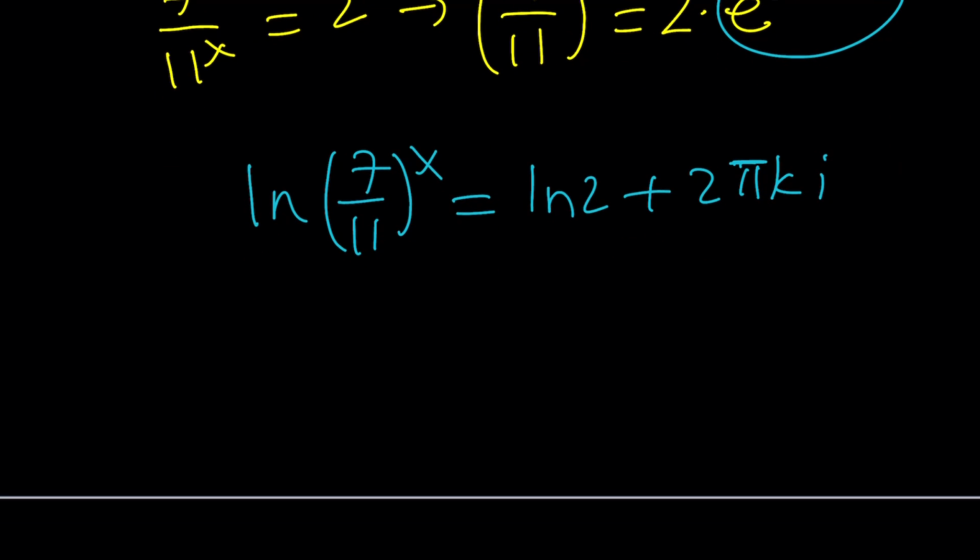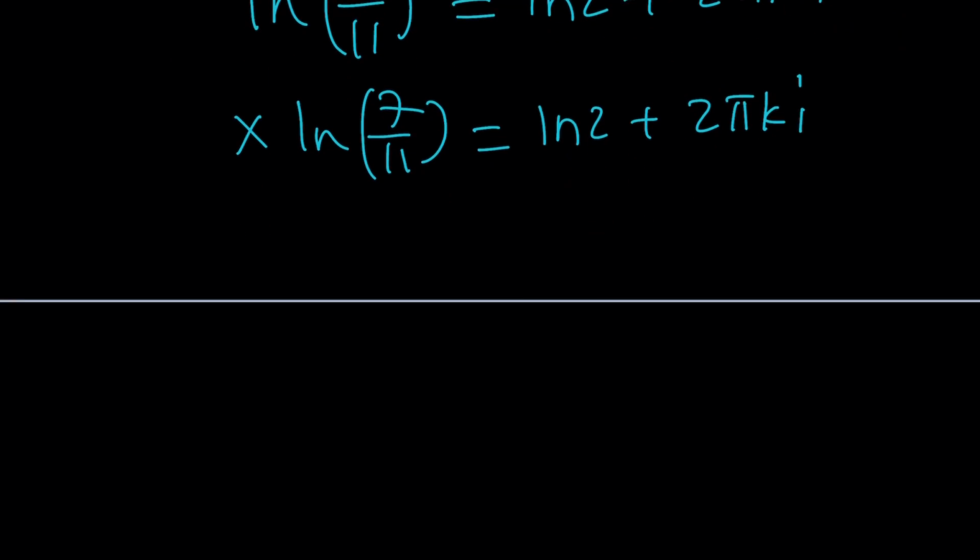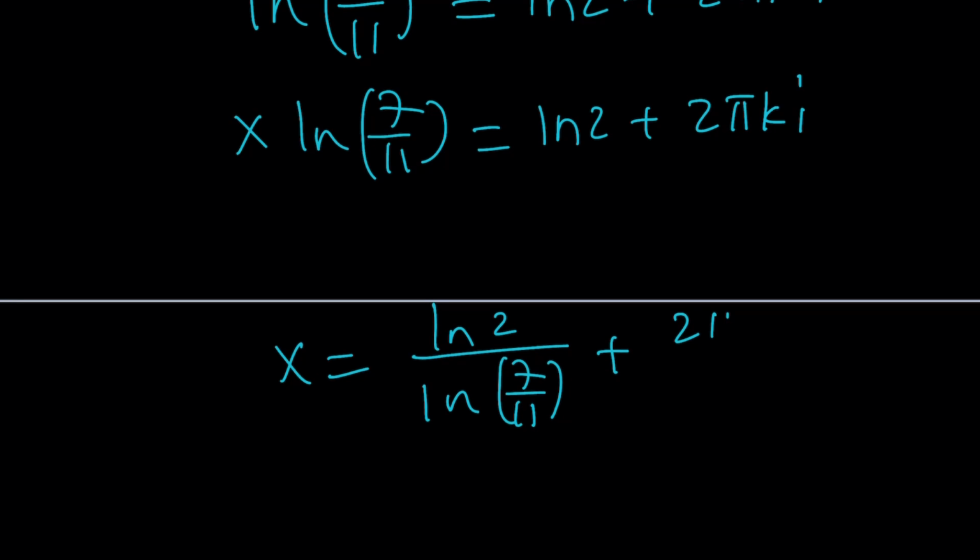And then we're going to get x ln 7 over 11 equals ln 2 plus 2 pi ki. And then by division, you can get x equals ln 2 over ln 7 over 11 plus 2 pi k over ln 7 over 11 times i.